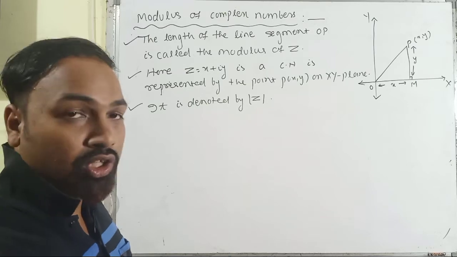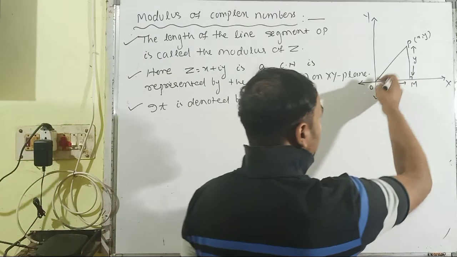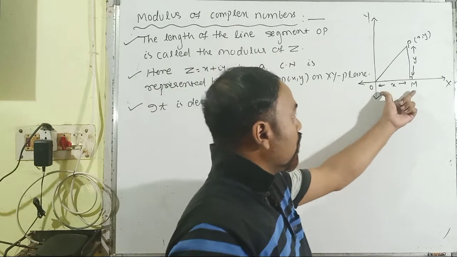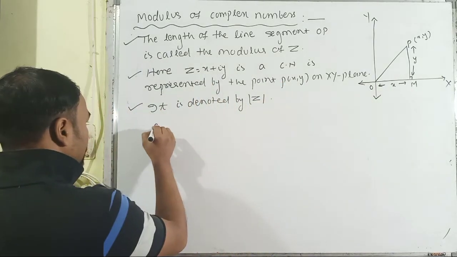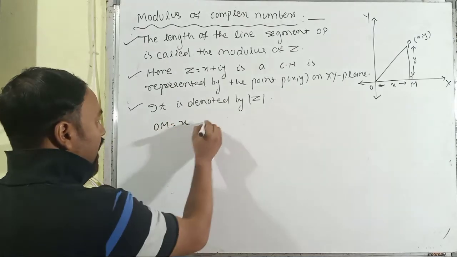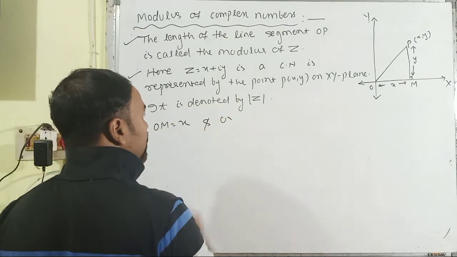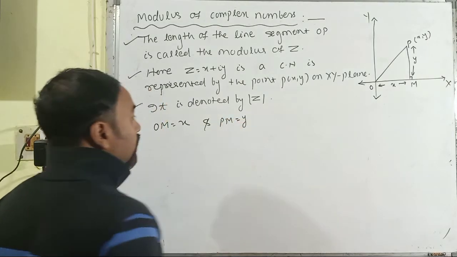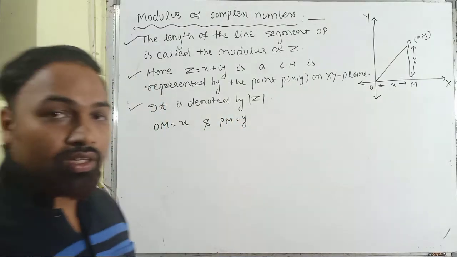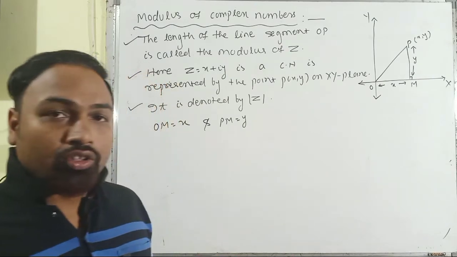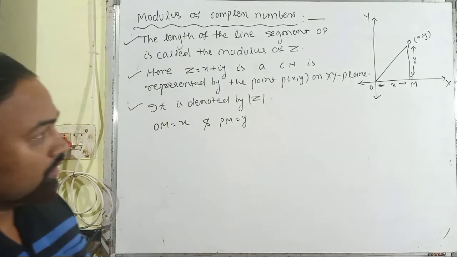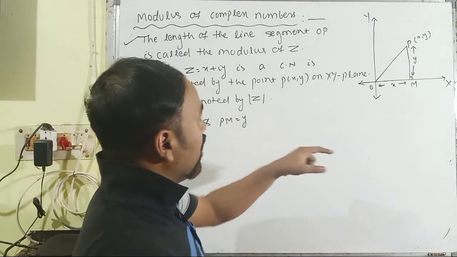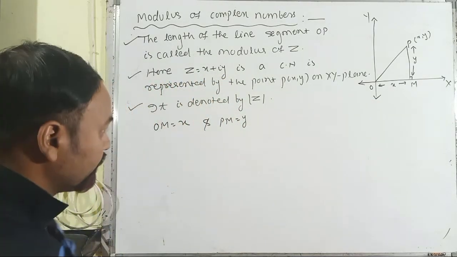This point P(x, y) represents the complex number z equal to x plus iy. Let us join these points OP, PM, and you know that the distance OM is equal to x here, and PM is equal to y here, because the real part of the complex number is represented along the x-axis and the imaginary part is represented along the y-axis.